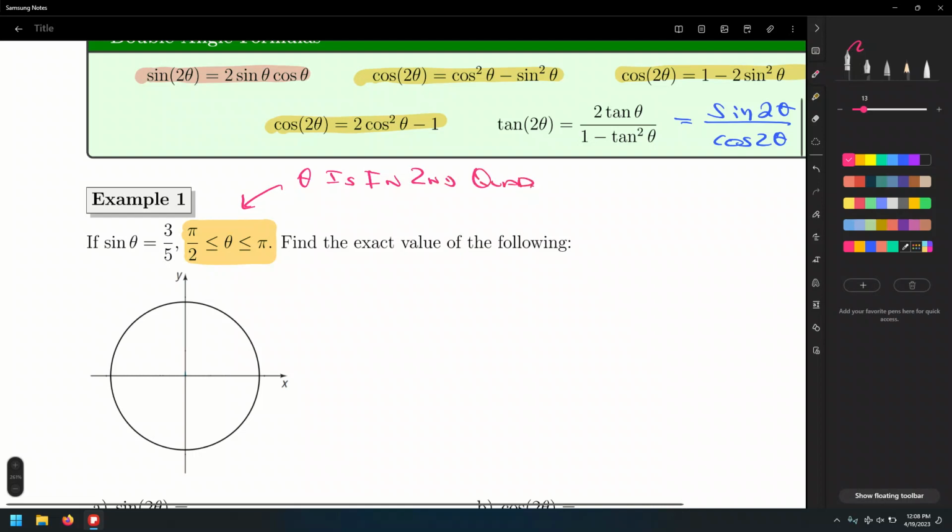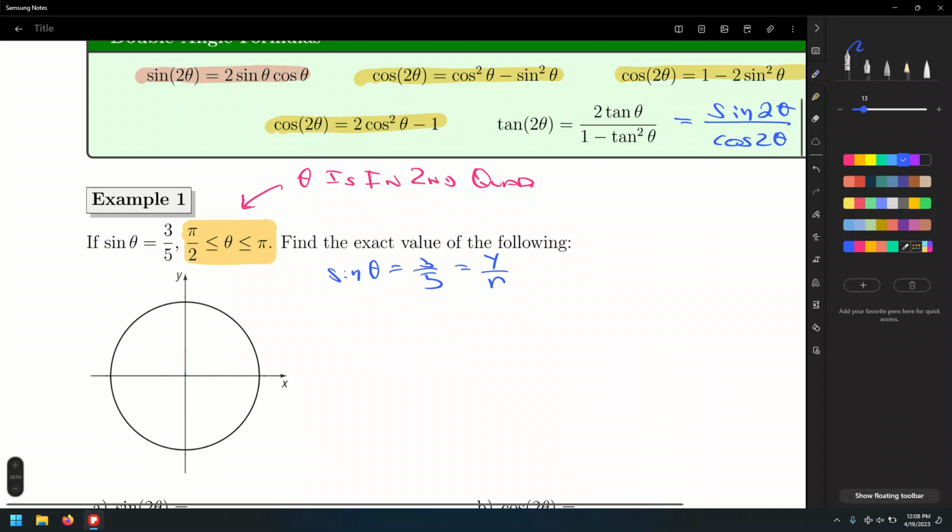How about we evaluate, let me rewrite the function on the side. Sine theta equals 3 over 5. By definition, that's y over r. Because this quotient of values may not be within the unit circle, we need to be very careful about it.